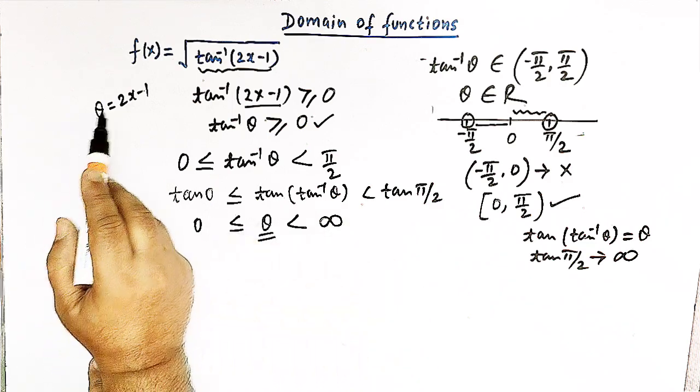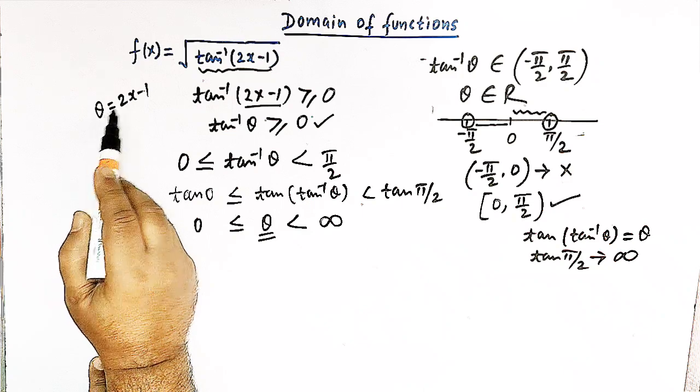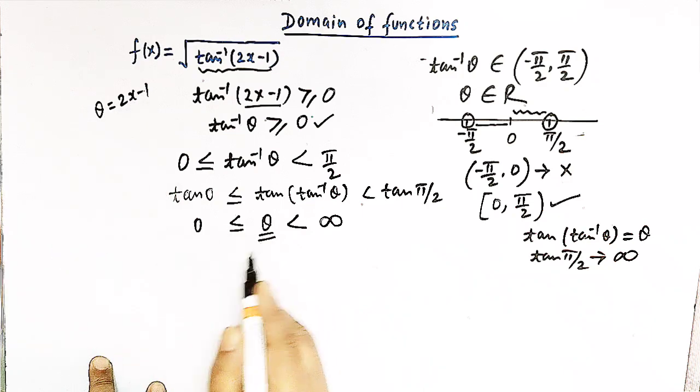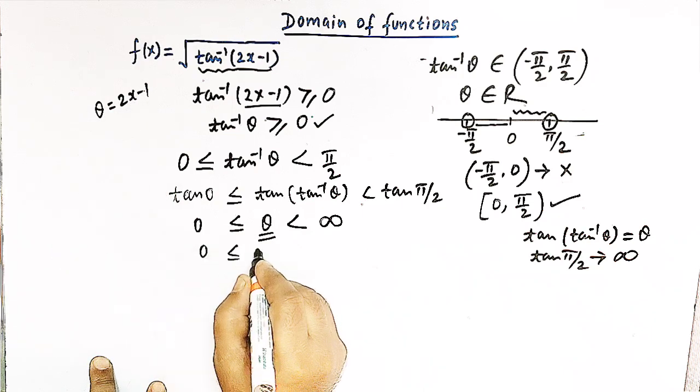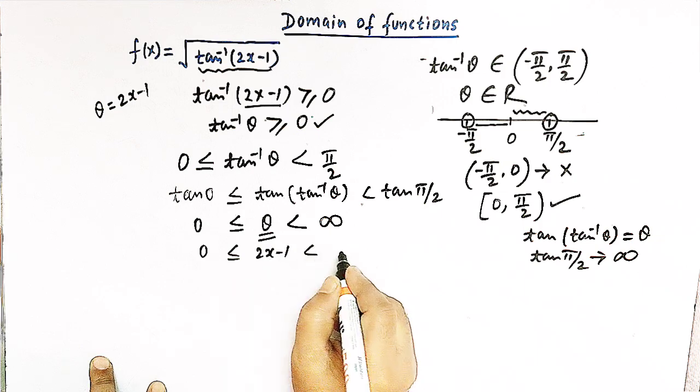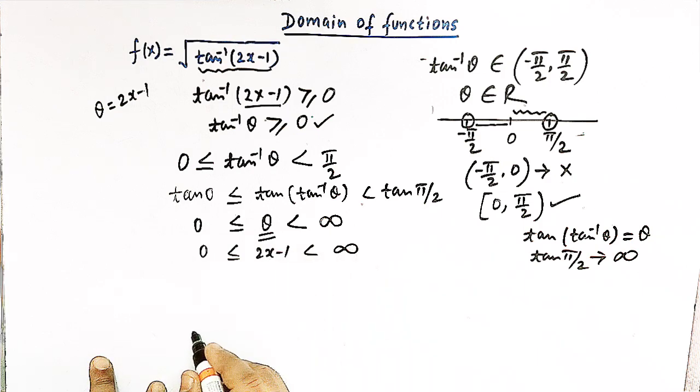Let us substitute theta as 2x minus 1. So we have 0, 2x minus 1, and infinity.